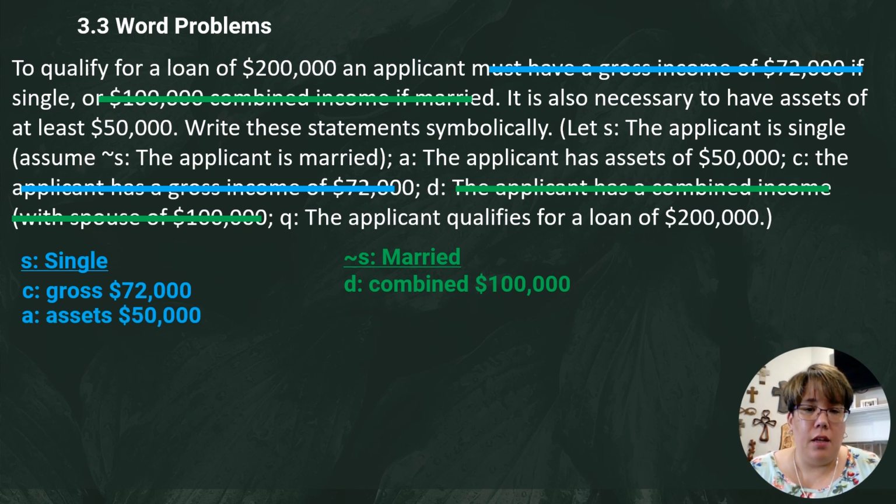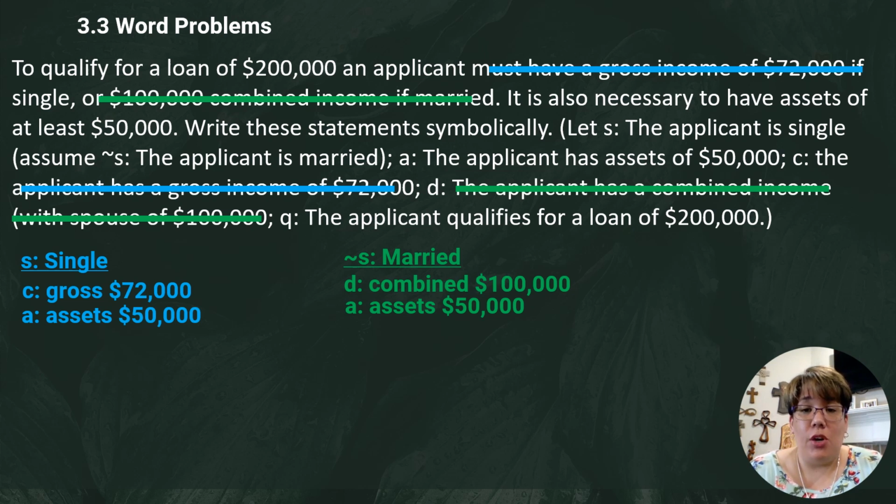And then now this says assets. It is also necessary to have assets of at least $50,000. Now notice this does not say single or married, so I had to think about that. Assets of $50,000 pertains to both people, so I had to put it under both people.